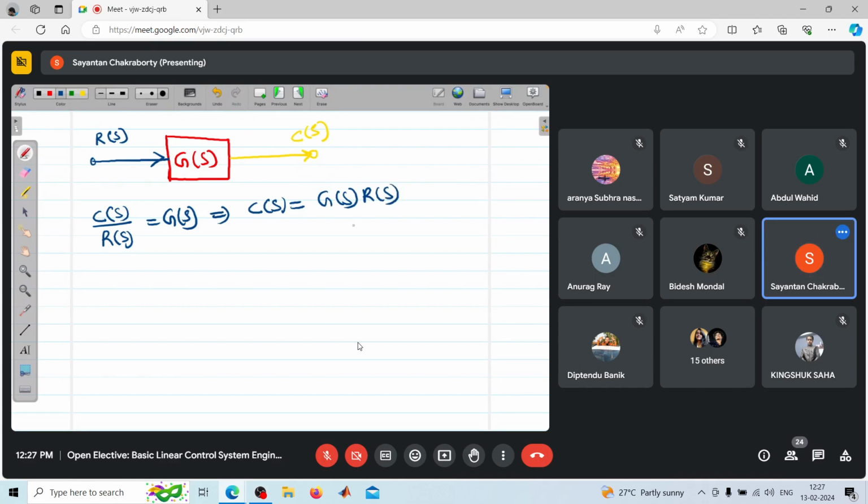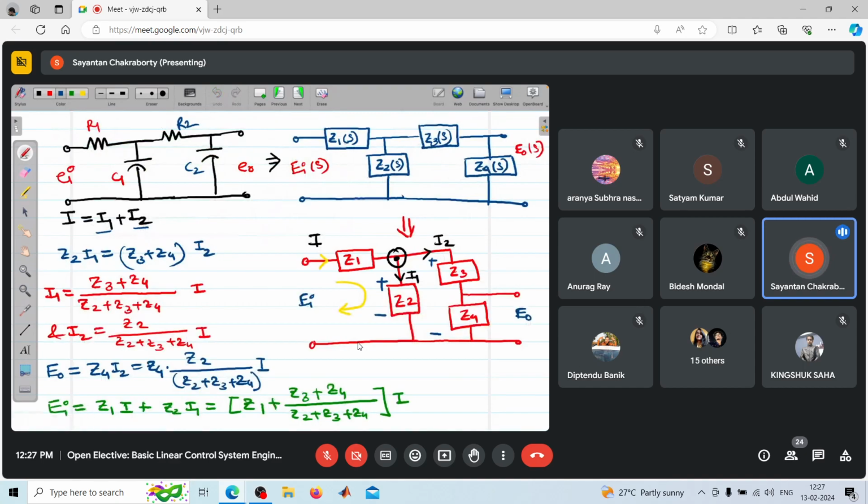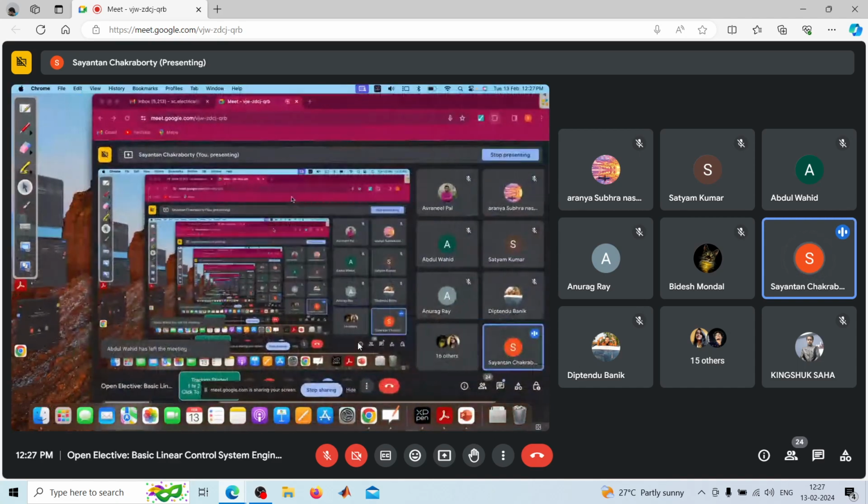Now this equation is represented pictorially by this, and this is called the block diagram. See, in this case, what we have done, we have used this Z1s, Z2s. This is the block diagram representation of this individual elements. So, what is this block diagram implementation? Let us have a just brief introduction to that.